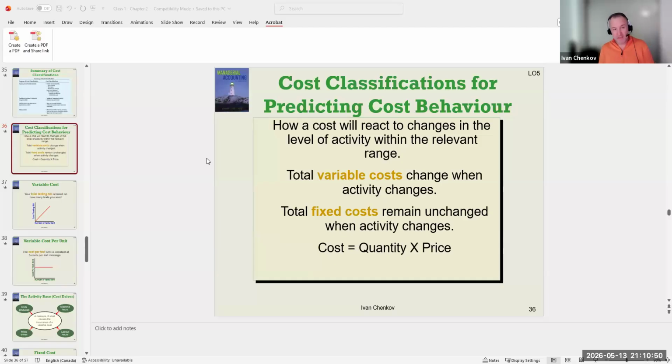That's why, if you want, I can give you the example of variable and fixed cost for a restaurant. Having a restaurant in mind, can you give me an example for the restaurant with the variable cost and fixed cost? Which one will be a good example as a variable cost, and which one will be a good example for the fixed cost?